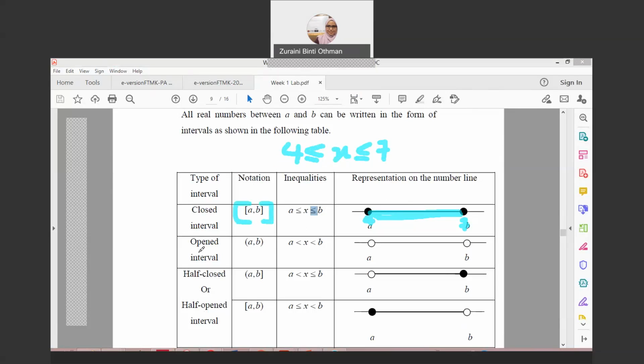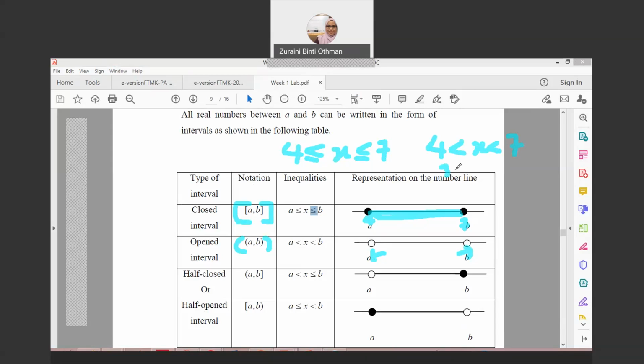Kalau kita open interval, bracket biasa ni maksudnya is less than. Maksudnya dia tak termasuk A dan dia juga tak termasuk B. Contoh kalau kat sini 4 is less than X and it's less than 7, bermaksud X tu is something nombor yang dia tak termasuk 4.